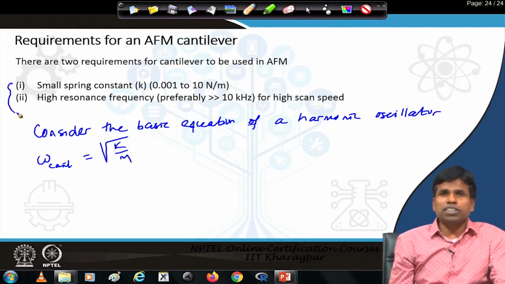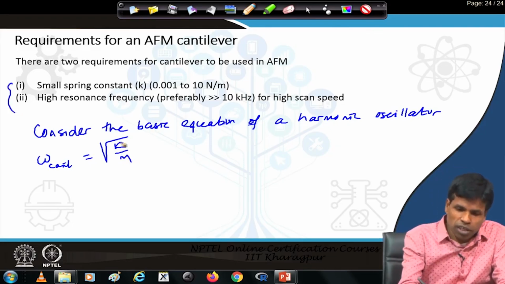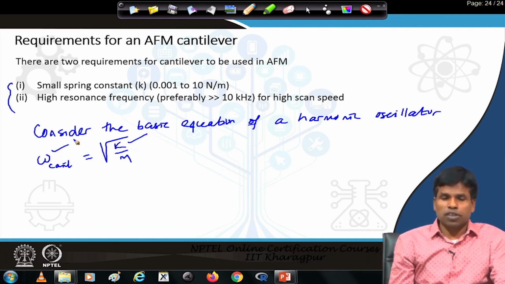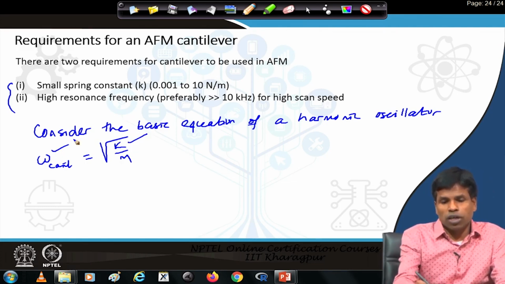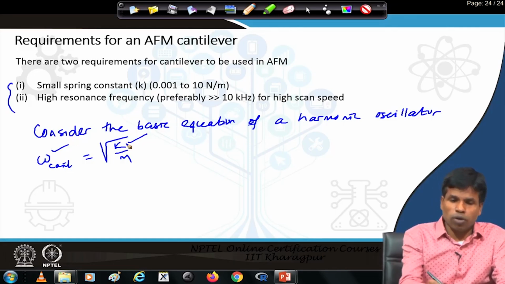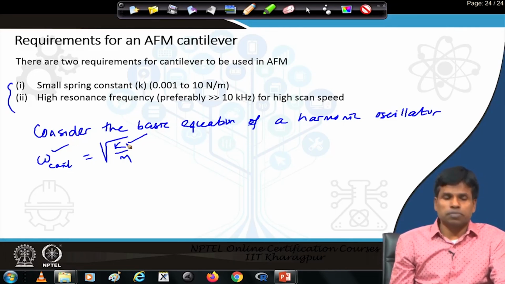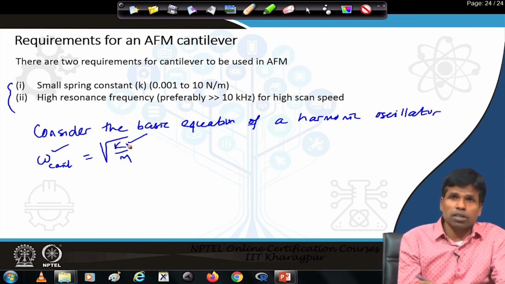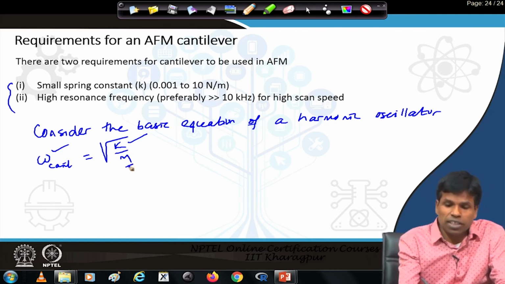achieving these two requirements is not that easy a task, because if we have a small k value, then our omega cantilever will be small. If we want to reduce the spring constant, our resonant frequency is going down. Similarly, if we want more resonant frequency, then the spring constant will be more. So, fulfilling these two criteria at the same time is difficult, but it can be done if we have a smaller m.